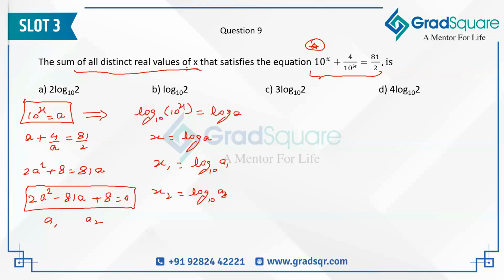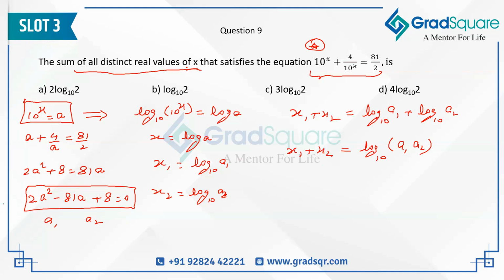They're asking you the value of x1 plus x2. It will turn out to be log base 10 a1 plus log base 10 a2, which is log base 10 of a1 times a2. That will be the sum of the values of x1 and x2.